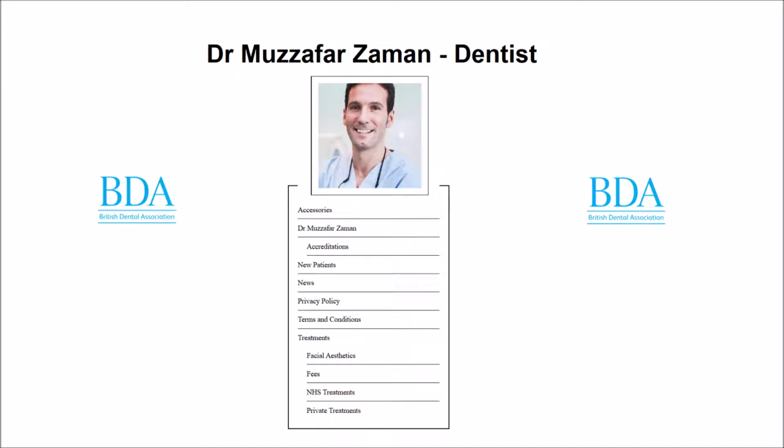You will know that you are cleaning the operculum properly because you will be able to feel the bristles of your toothbrush getting right underneath the gum flap, and you're almost massaging the gum around it.